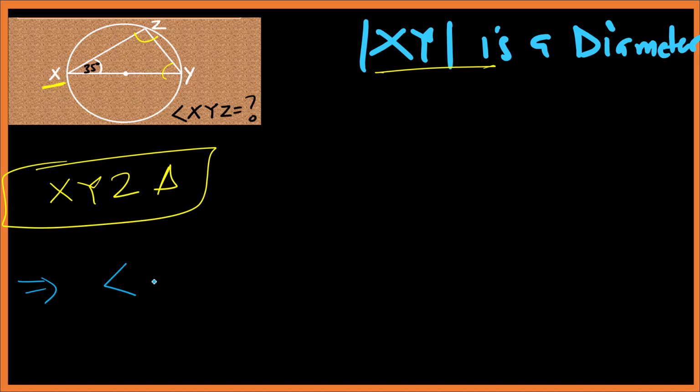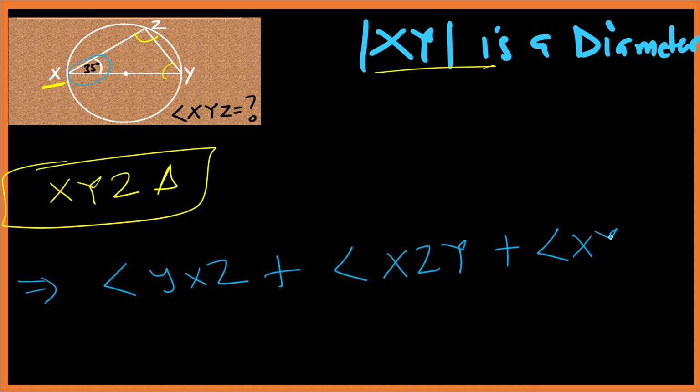Angle YXZ, so we mean this side, that is 35, plus angle XZY plus angle XYZ equals 180.